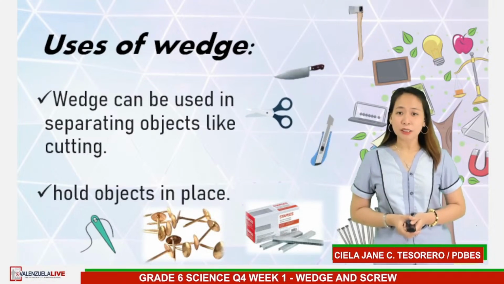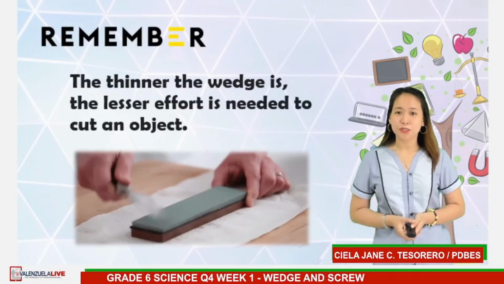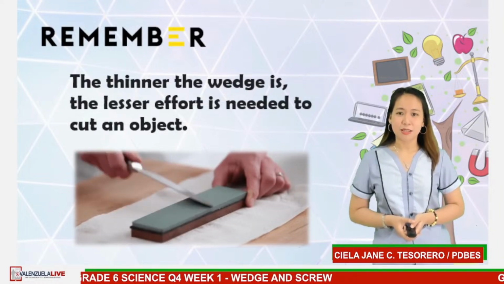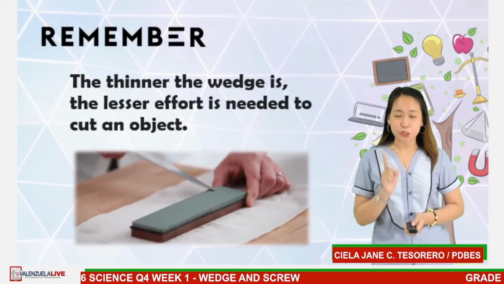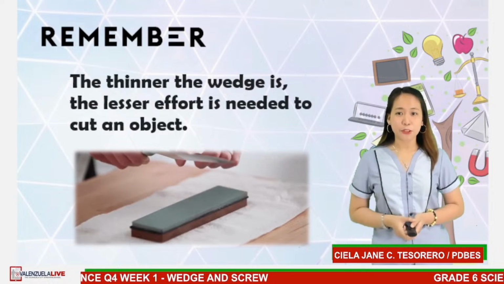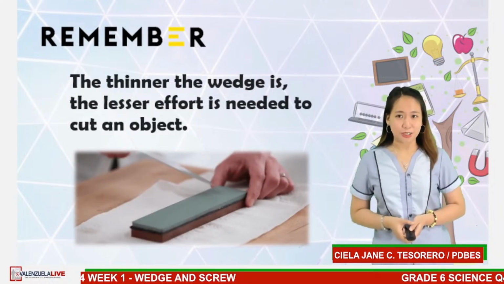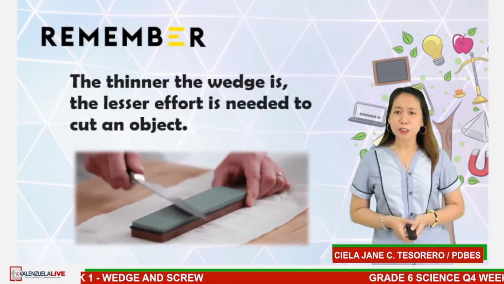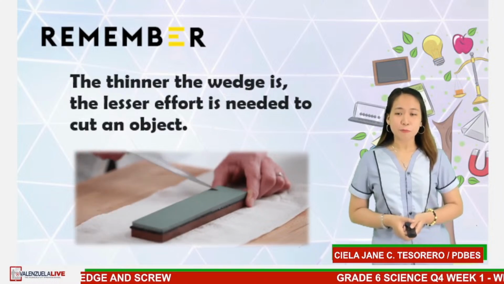When we want to cut an object using a wedge, remember this, that the thinner the wedge is, the lesser effort is needed to cut an object. This is the reason why we sharpen our knives before we use it.